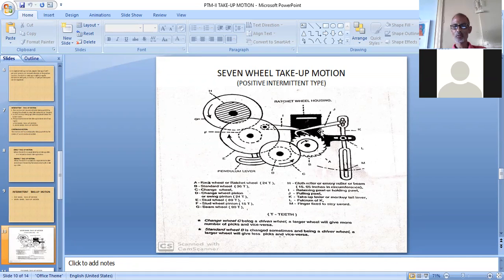So here we are using one pulling pawl, which is transferring movement to this ratchet wheel according to our required number of teeth, maybe 1 tooth or 2 teeth or 3 teeth, depending on the movement required. And the movement will be required on number of picks per inch required in the fabric.